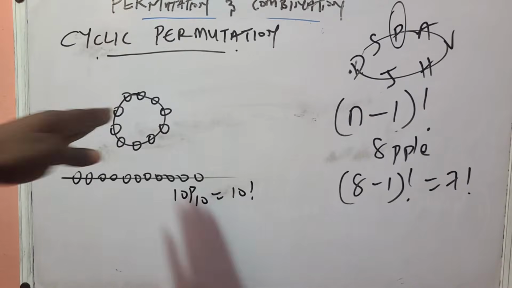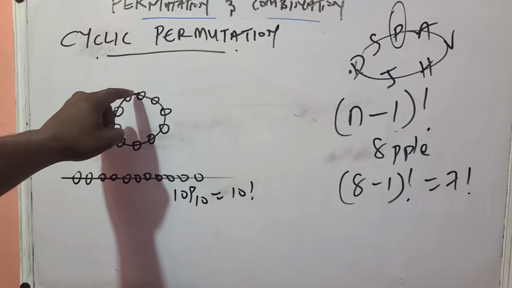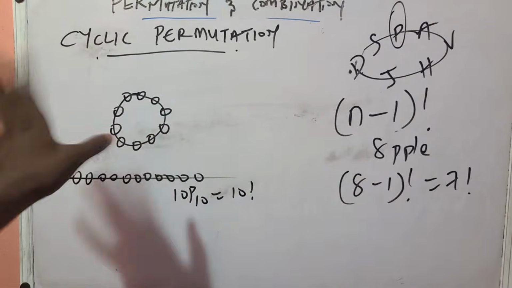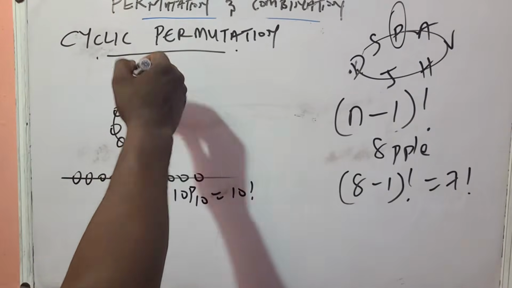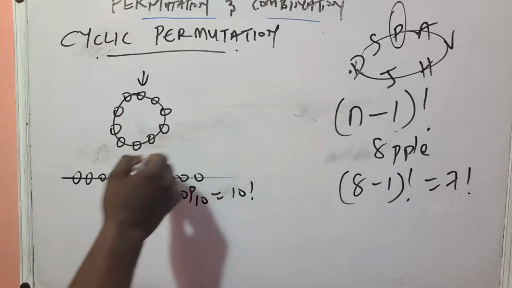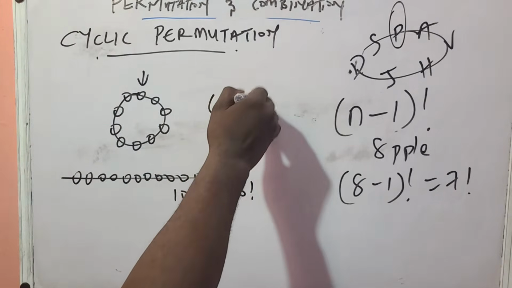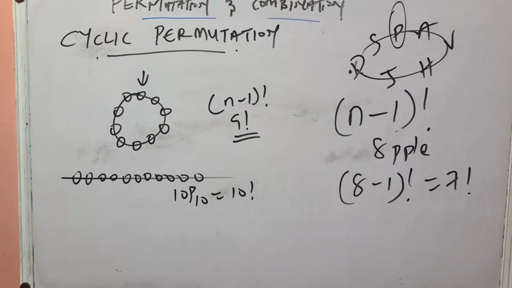If you held this in your hand, let's say I fix this into my hand right now. After you are done using your cyclic permutation experience, which I saw all of you do, where you held one, let's say I held this one, then I permutated the remaining 9 around it. That was how I got, of course, n minus 1 factorial. That was 9 factorial. Many of you gave me the answer of 9 factorial.